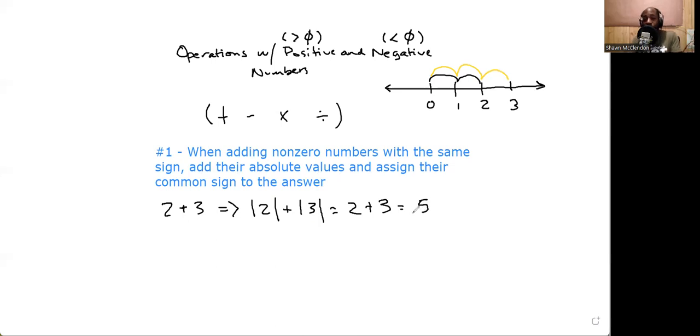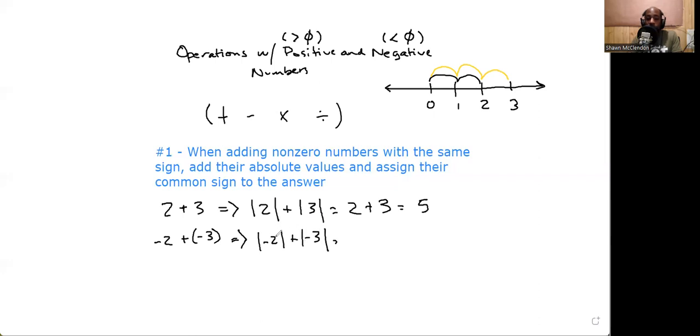So this 5 is positive as well. That's kind of like duh, but the point of this is more easily seen whenever you use negative numbers. So say you wanted to add -2 plus -3. So we're going to take the absolute value of each of these numbers. So that's the absolute value of 2 plus the absolute value of 3.